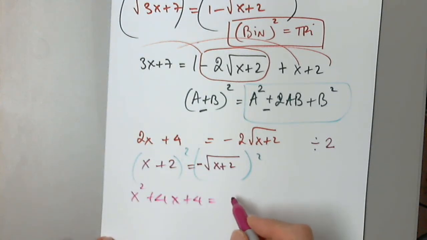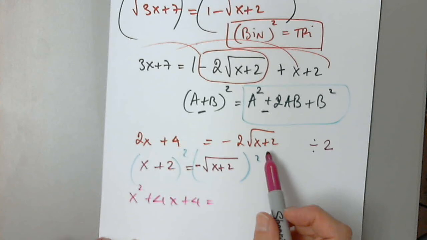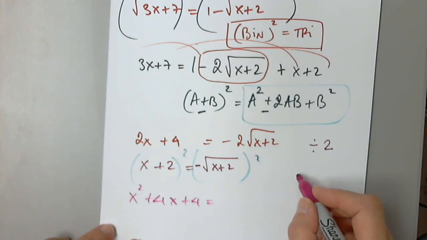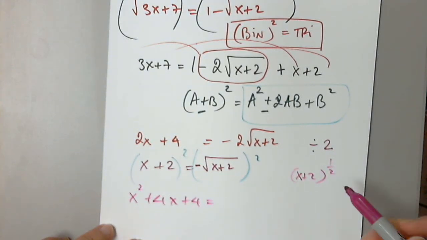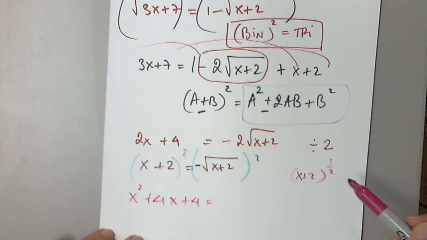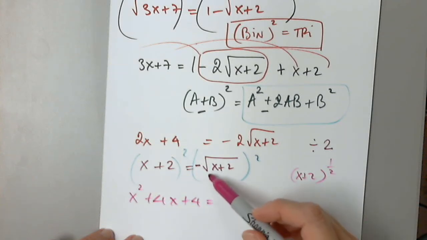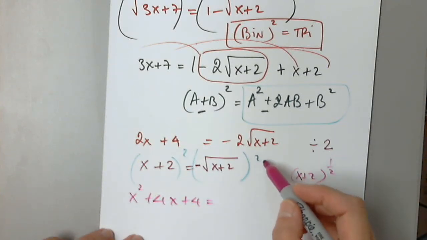Imran? Yes. Then can we break this x plus 2 into x plus 2 to the power 1 by 2 and then x plus 2 to the power 1 by 2? You mean x plus 2 like this? Yes. It will not help. No, this is only 1. Oh, yeah, you mean the power.